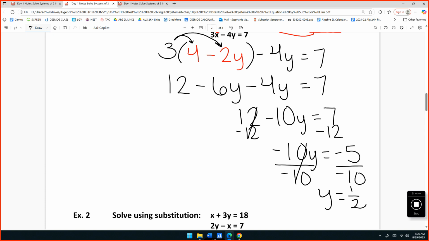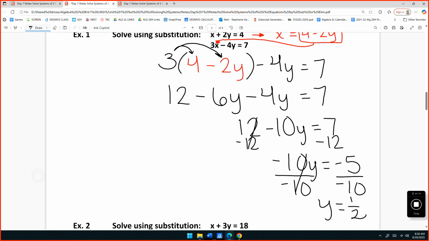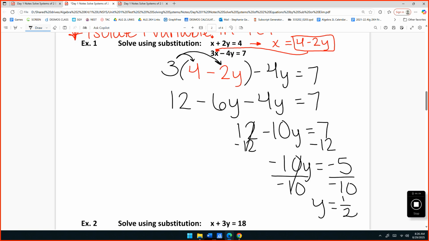So we have y, but remember what we're doing. We're solving a system. These are lines. We're not graphing them, but they are lines, so we're trying to find the point where they meet. So we not only need y, but we need x. So now we substitute again. We're going to take our y and plug it into any original equation. I could use one of these printed on the page, but the easiest one is always going to be the one with your substitute in it.